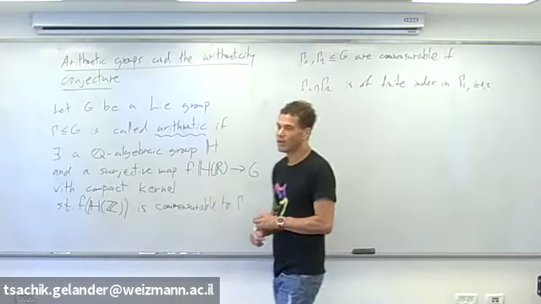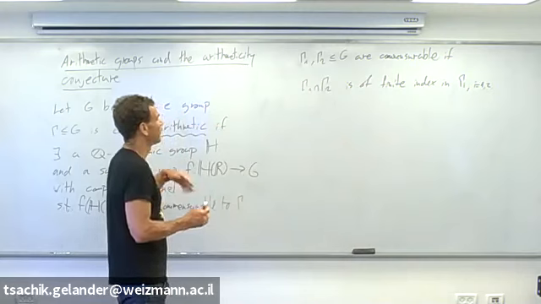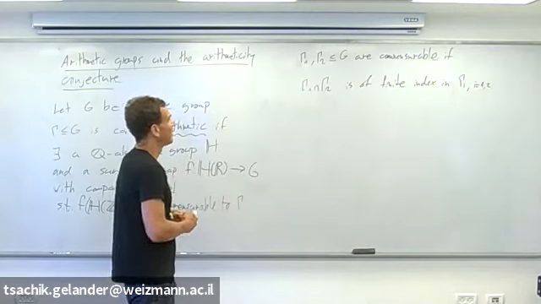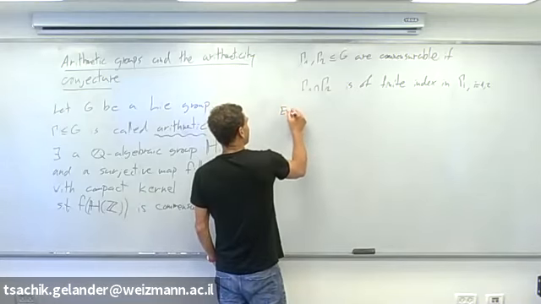Now, if one of them is a lattice, then it's enough to state that it's finite index in that one, and then it will follow that it's finite index in the other. So here is this elementary exercise.